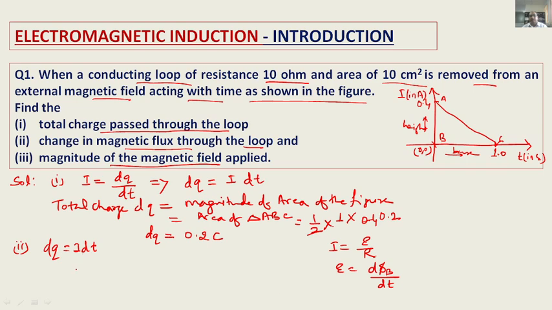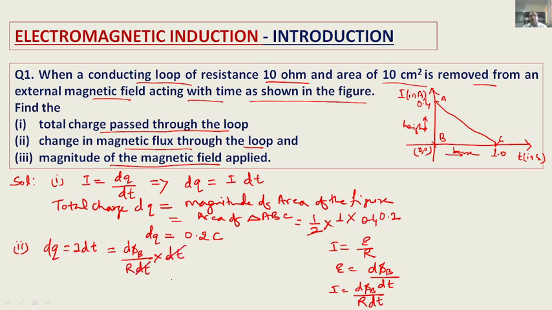So we can write in place of I. I can be written as d phi b, magnetic flux, by R dt, R is there. So in place of I, we can write d phi b by R dt into dt.